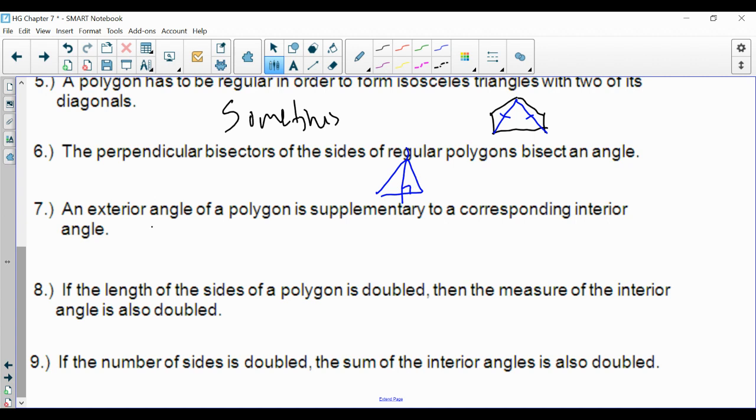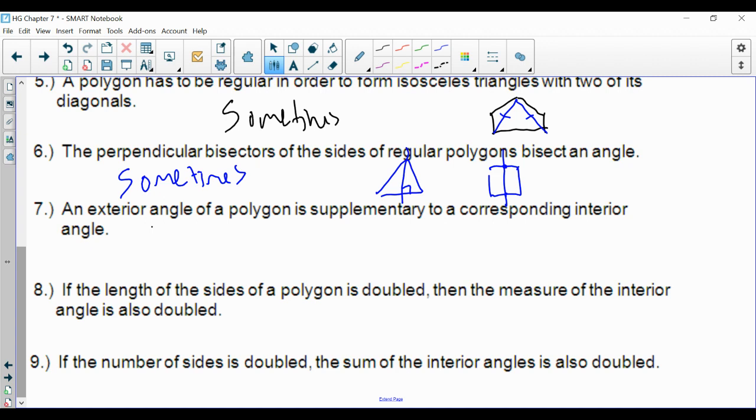Regular triangles, also known as equilateral. It works, but let's go square. Again, very familiar shape. Perpendicular bisector means I'm going through the middle and I'm perpendicular. That does not hit a vertex, does not bisect an angle. So this is sometimes.